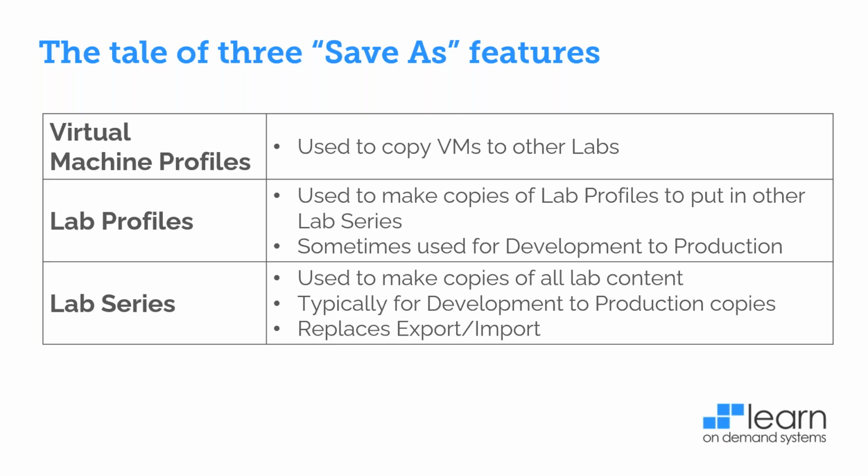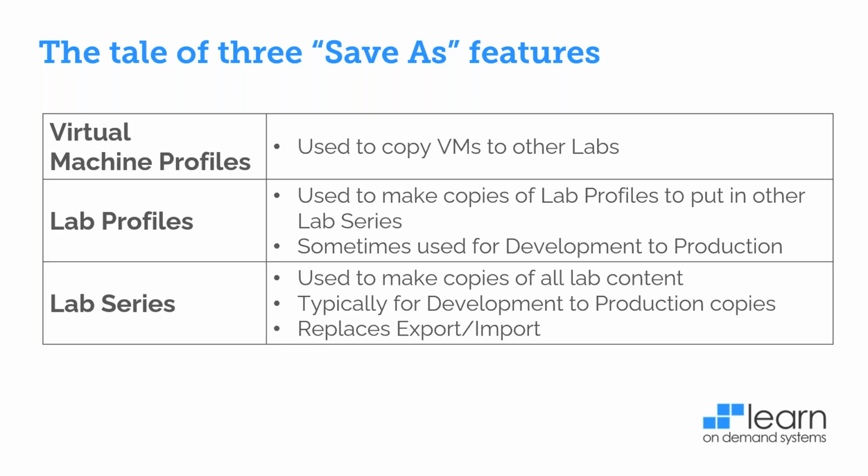It is a template that you can use to get started on a brand new lab profile, or once a lab profile is complete and you want to get it published, you will typically use Save As to make a new lab profile available in a production area. So it is sometimes used for creating, and it's sometimes used for moving from development to production.